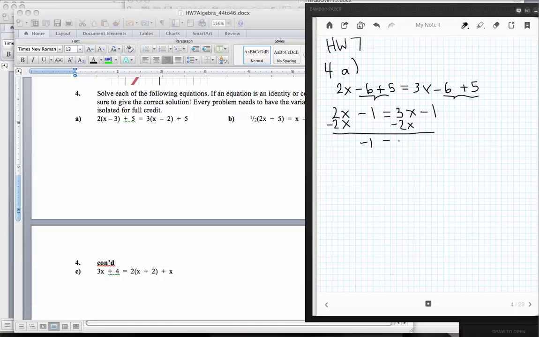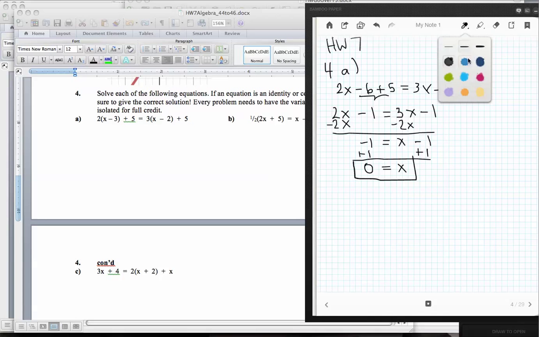And that's going to give me -1 is equal to x minus 1. Now I need to move this -1 away from the x, so I'm going to add 1 to both sides to make it disappear from this side. And that is going to give me -1 and 1, which is 0, so I have to write the 0, and that's equal to x. Now that's a perfectly valid solution, and that is my solution.